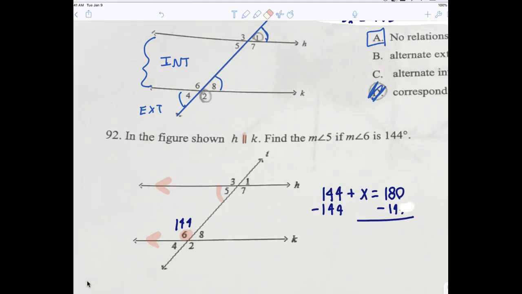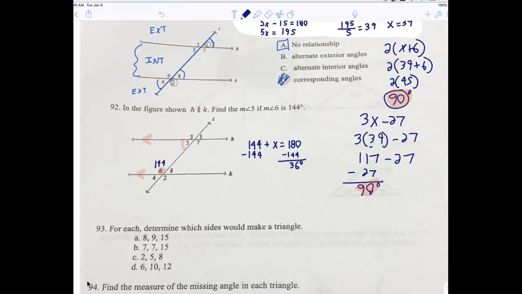So 180 minus 144 equals 36. Very good work. 36 degrees.